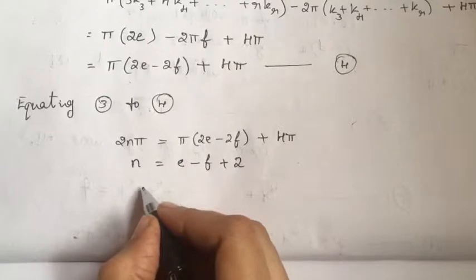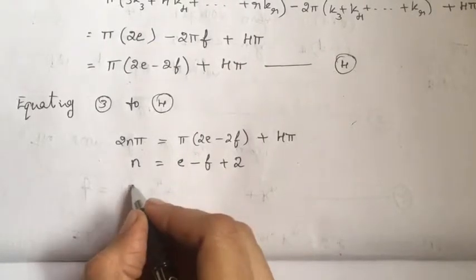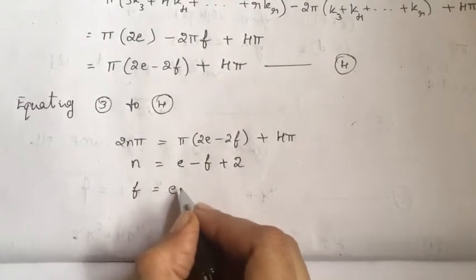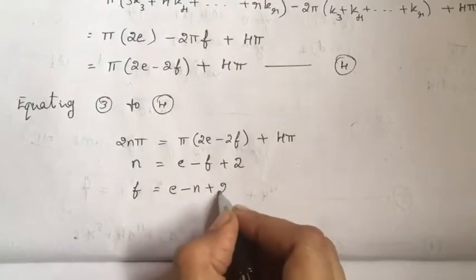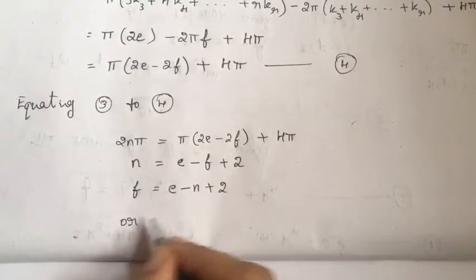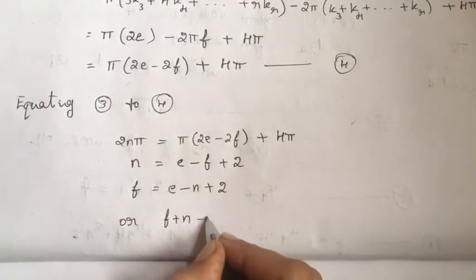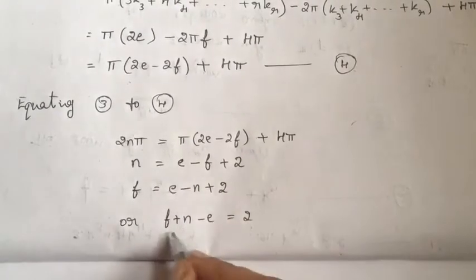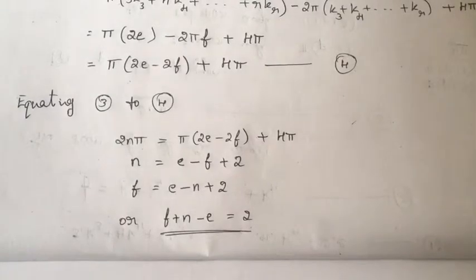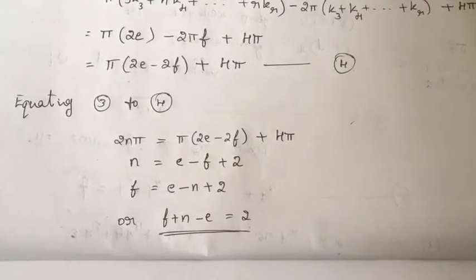Or if I write it like this, f equal to e minus n plus 2, or you can write it as f plus n minus e equal to 2. Hence the proof.